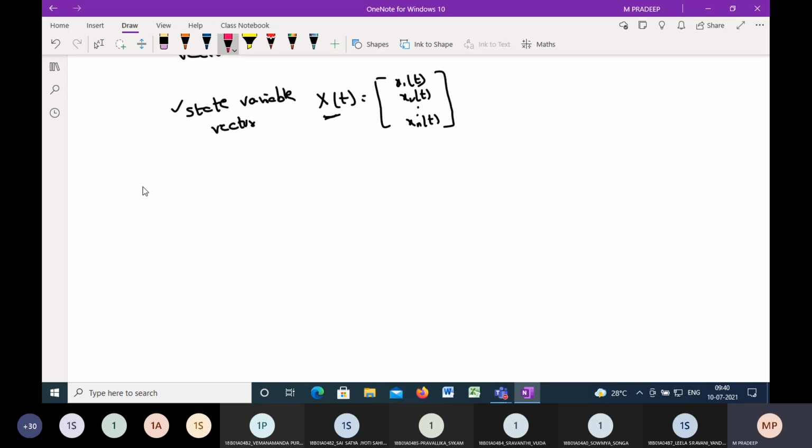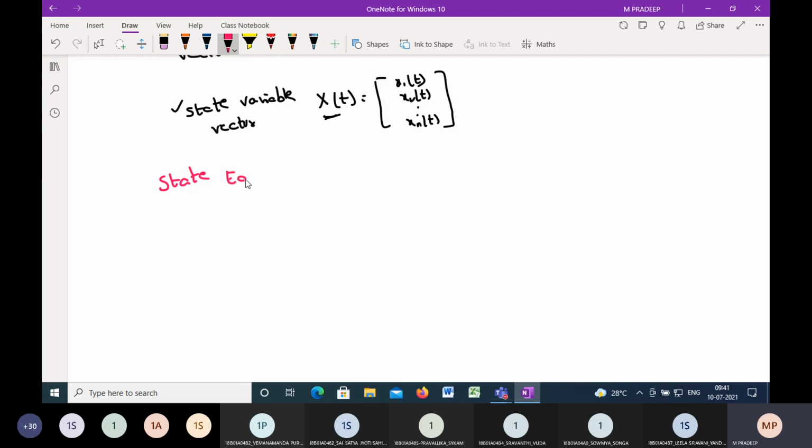There are m number of input variables, p number of output variables, and n number of state variables. The letter u represents the input, y represents the output, and x represents the state variable.